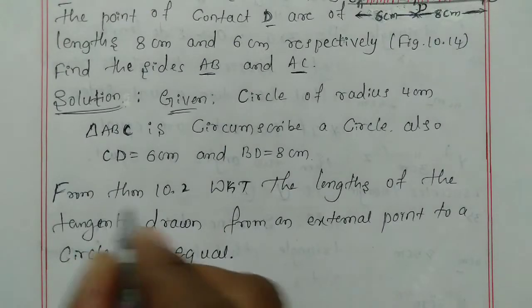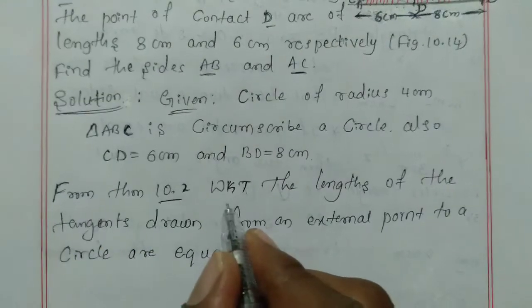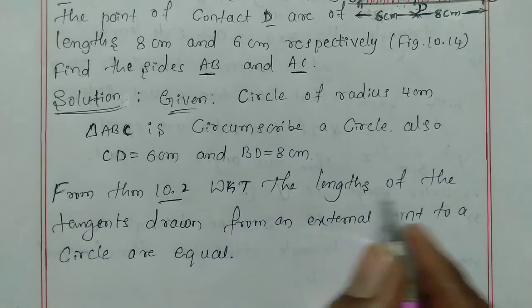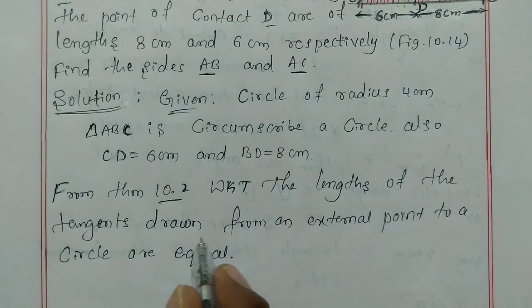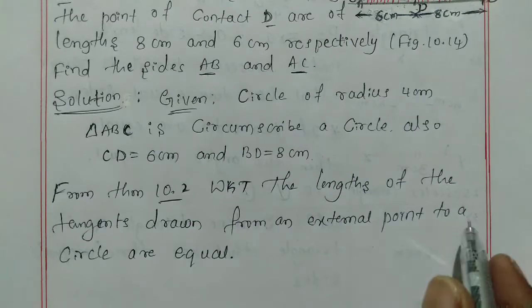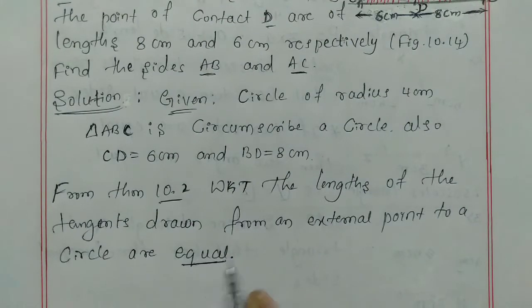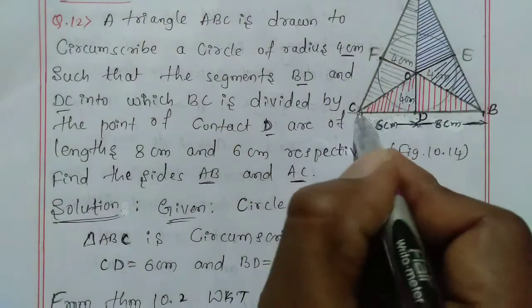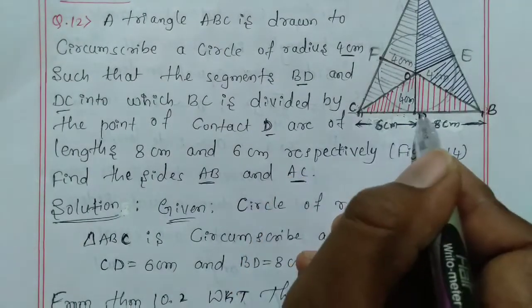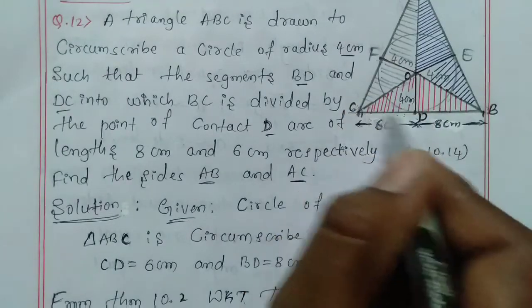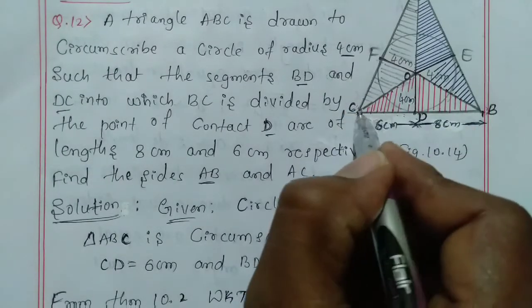So next, from Theorem 10.2 we know that the lengths of the tangents drawn from an external point to a circle are equal. So in this figure C is the external point and CD and CF, these two are the tangents drawn to the circle from the external point.